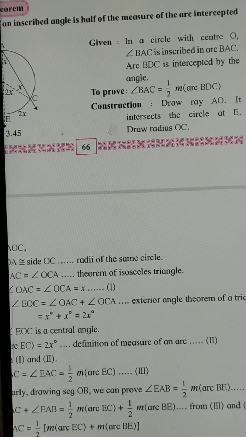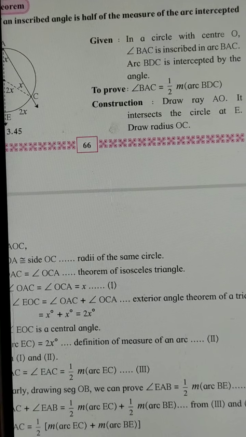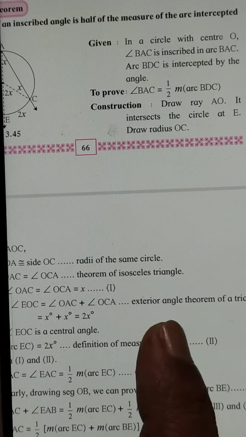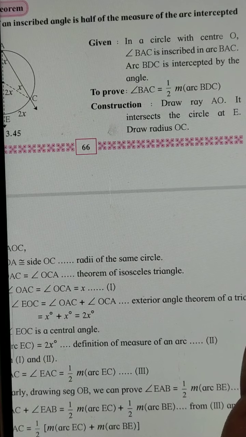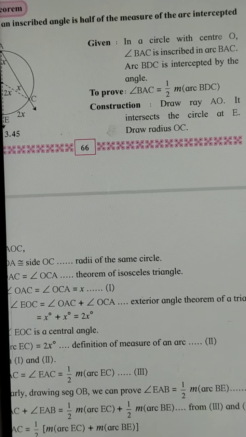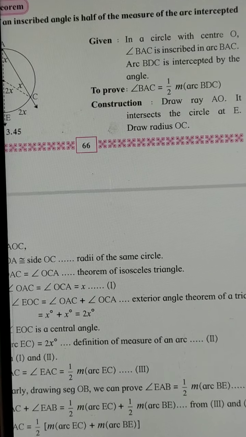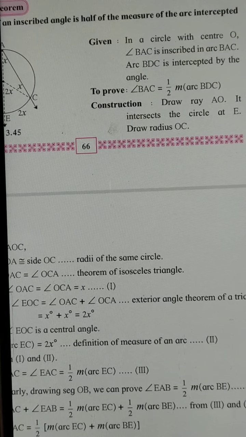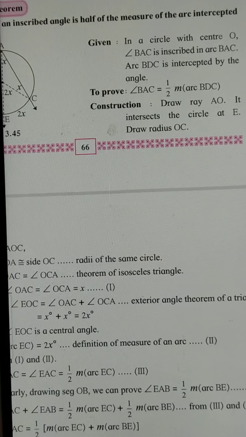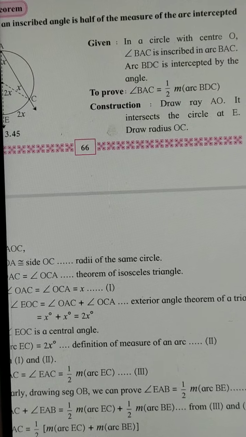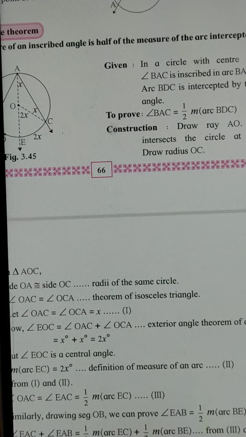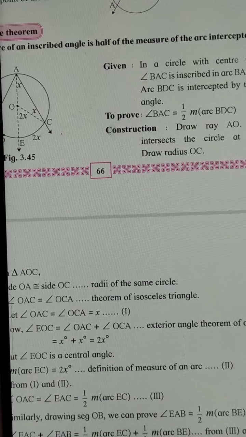The exterior angle theorem of a triangle means the measure of an exterior angle of a triangle is equal to the sum of the remote angles of the triangle.